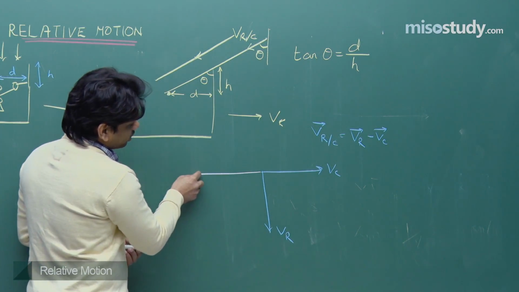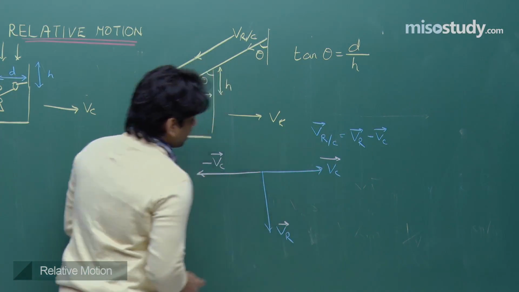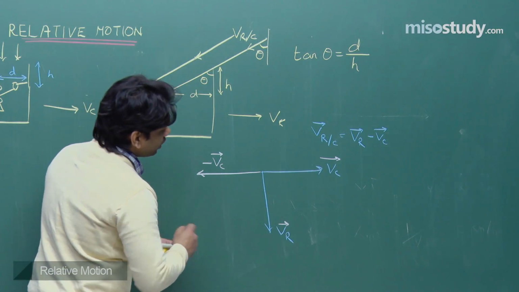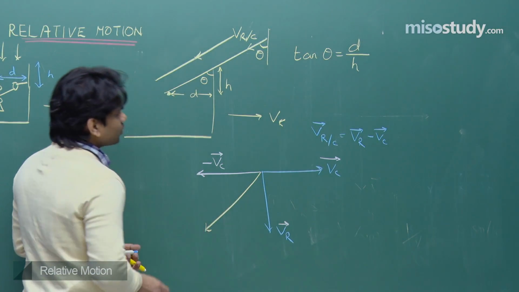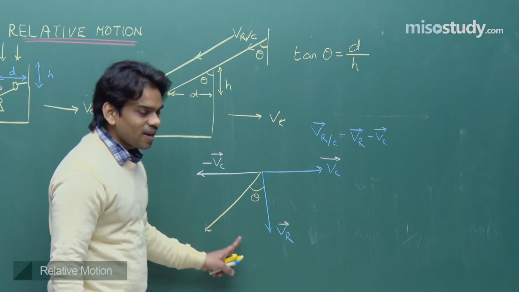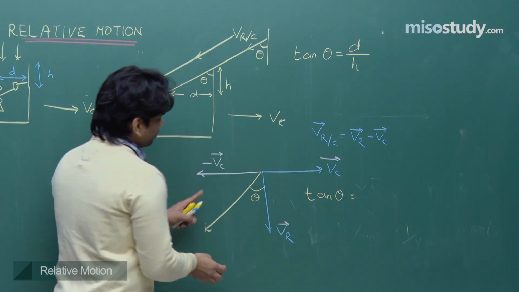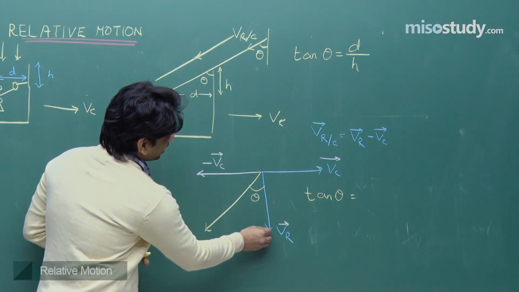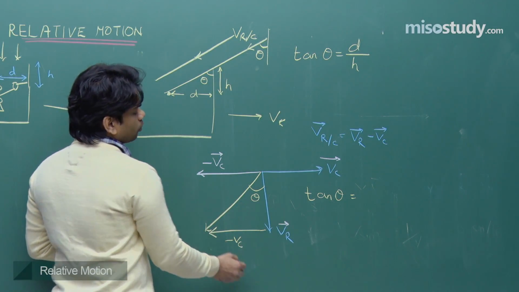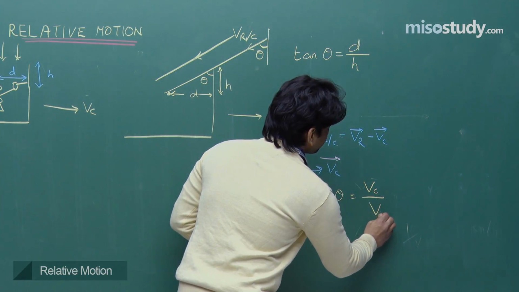If I mark minus Vc along this direction and take the resultant, the velocity of rain with respect to car will be somewhat like this. Just now I showed you this is angle theta, so this will be angle theta, and you can make out from this diagram that tan theta will be equal to the velocity of car. We can displace the vector parallel to itself; this is also minus Vc. So tan theta will be equal to Vc, magnitude we are talking about, upon Vr. So we got this.